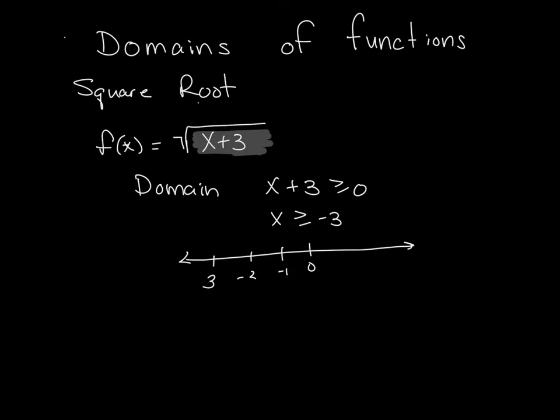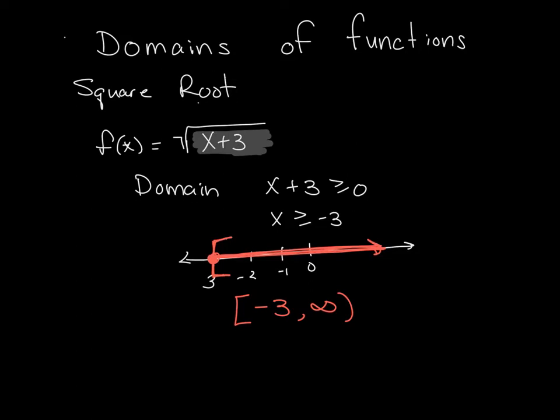So here I'm going from -3. -3 is included, so that's a solid dot, or in interval notation it would be a bracket. It's going the same way as the arrow, this direction, forever. So my interval notation says I'm going from -3 to positive infinity.